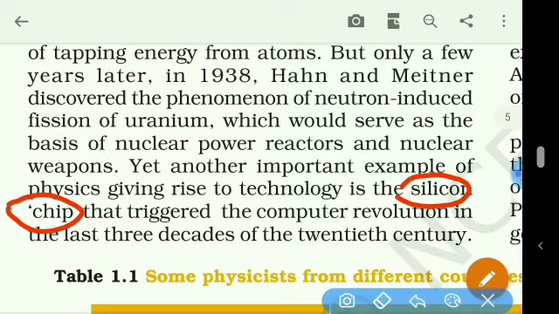By using this type of components, the consumption of electric power also gets reduced, and so it helped to make computers more reliable.